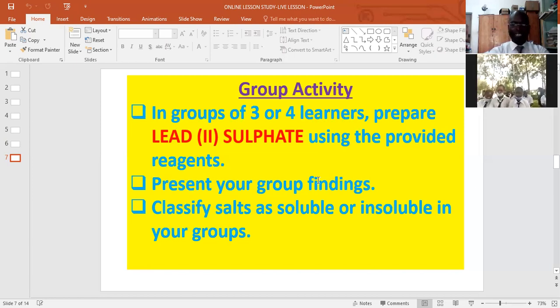Then after that, as you can see from the screen, you're going to present your findings in the group, and later we are going to classify those salts as either soluble or insoluble in your various groups. I'll also be coming to check on you. Remember, this is a live lesson. It is being recorded. Later, you will be able to see how you performed in class. I'm coming to see you.